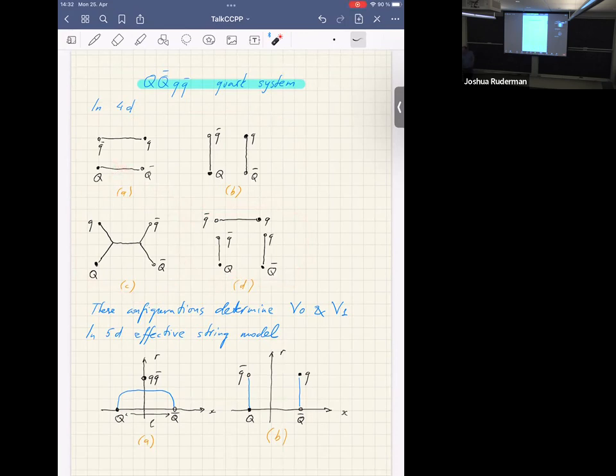My claim is that these four define not only the potential, I mean the energy of the ground state, but also the energy of the first excited state V1, and the tetraquark appears in this system at the level of the first excited state. So no tetraquark at the level of the ground state.